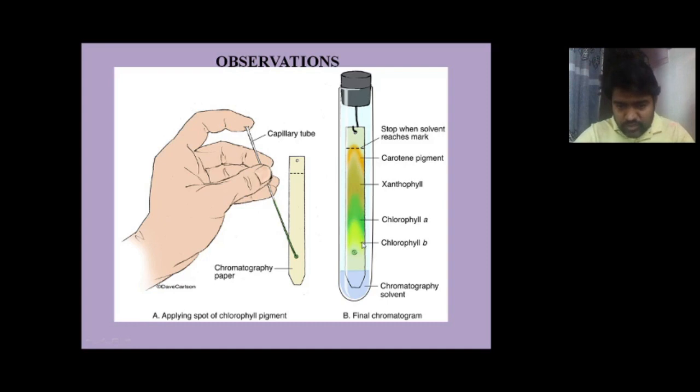Now, the sequence of these spots: chlorophyll B always comes first, then chlorophyll A second, xanthophyll third, and at the last the carotene. What does it indicate? It indicates these pigments are separated in a proper sequence because of their molecular weight.